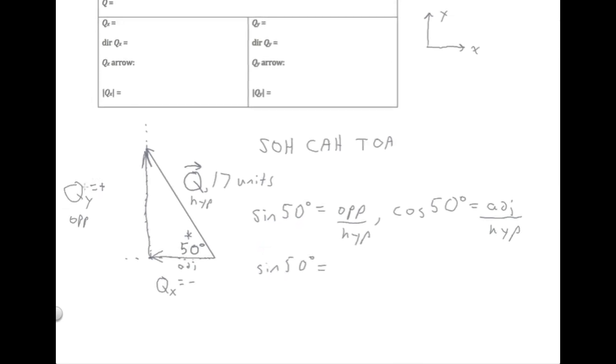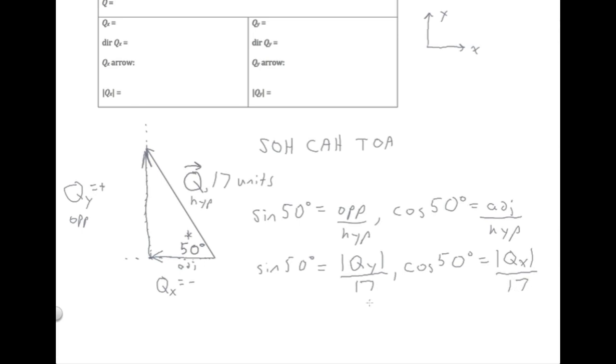So our opposite side is qy, and our hypotenuse is 17 units. Our adjacent side is qx, and again, the hypotenuse is 17 units.